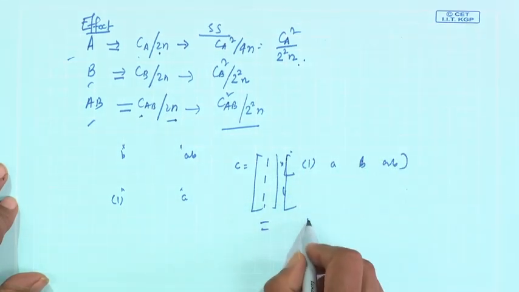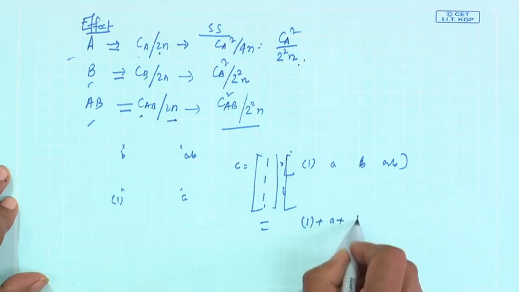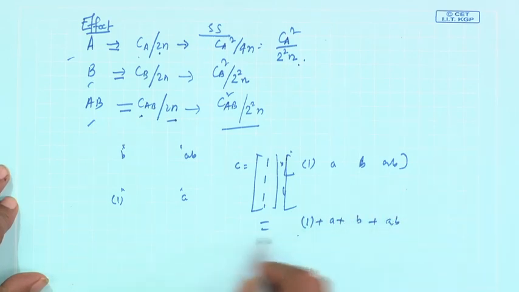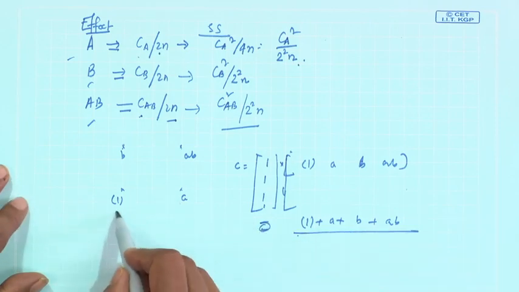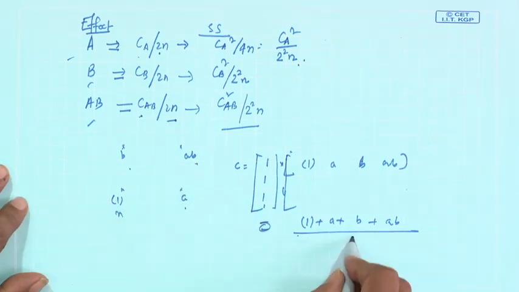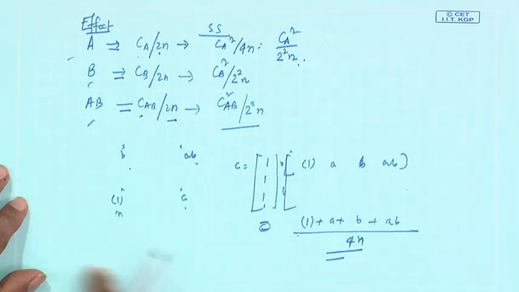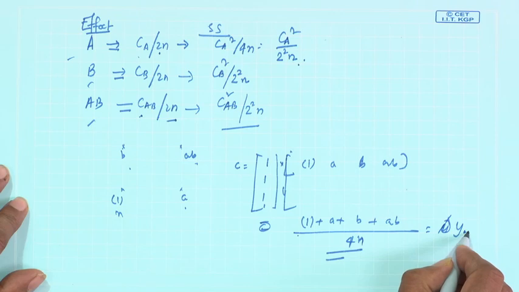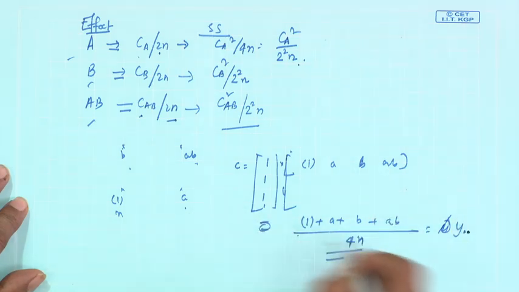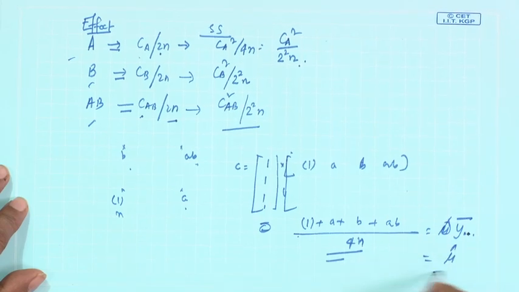Then you will get 1 plus A plus B plus AB. Obviously, how many observations are there? Here n, here n, here n, here n, so 4n total observations. So, this will give you the estimate of y bar, y double dot, I think, ijk, which is basically the estimate of mu.